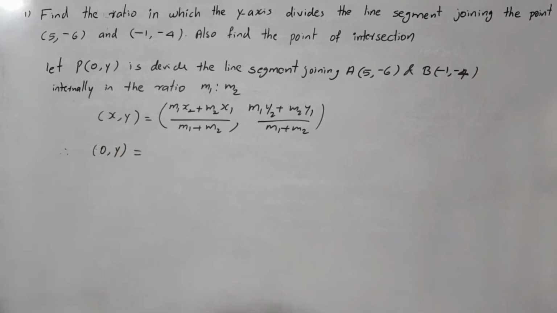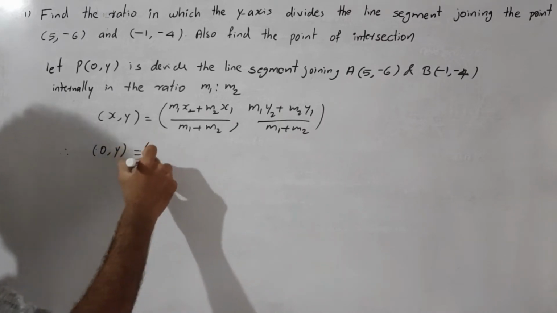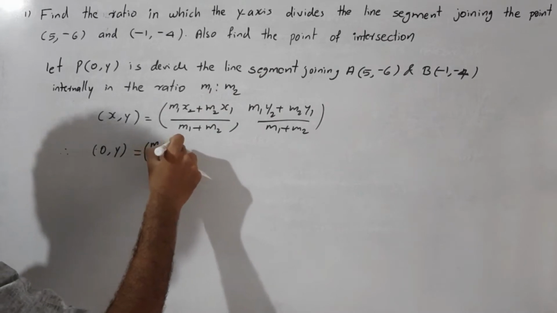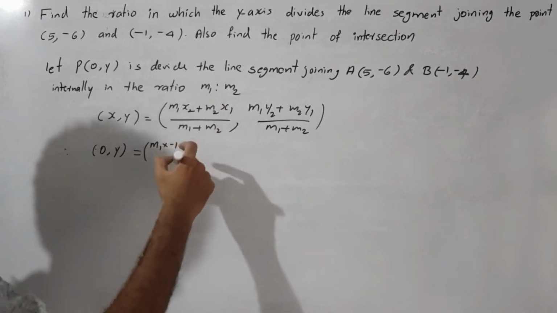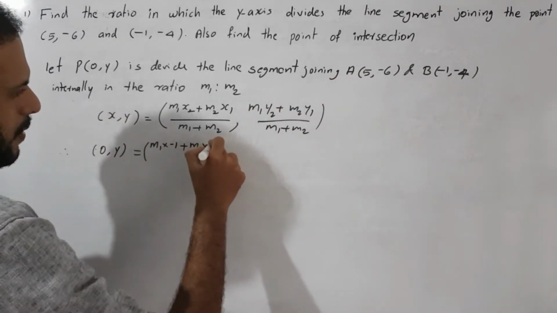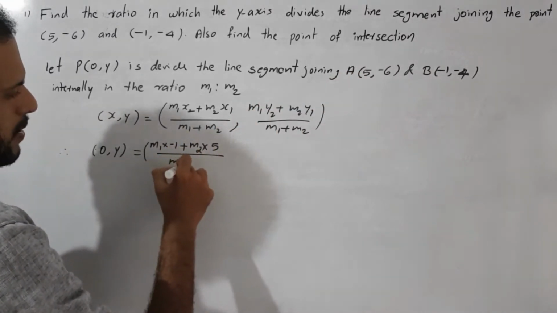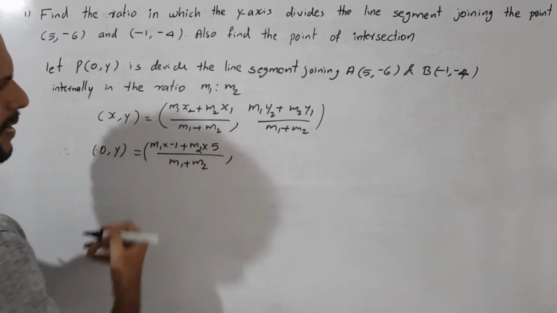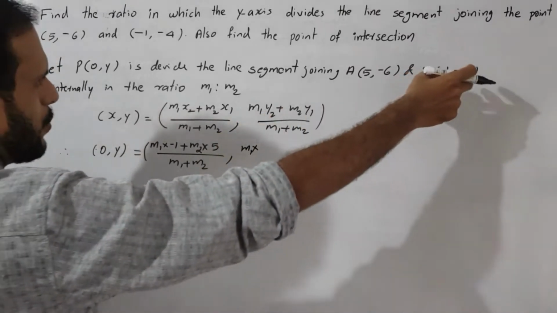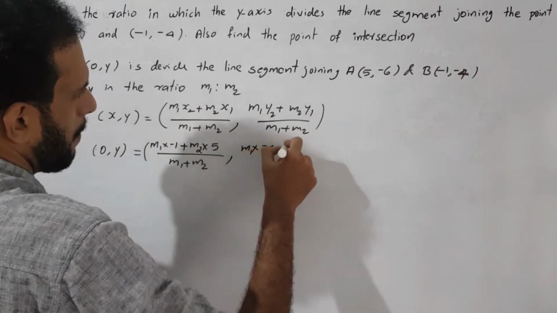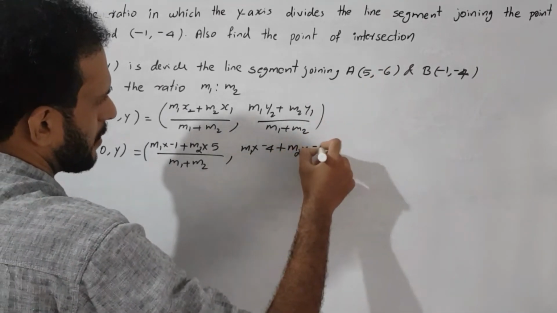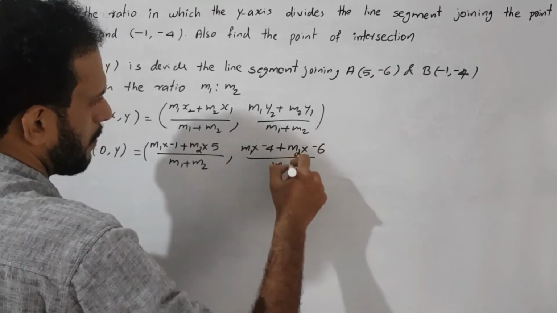So (0, y) is equal to, we don't know the value of m1, then m1 into x2. What is x2? Minus 1, plus m2, we don't know, then m2 into x1. x1 is 5, by m1 plus m2. Then m1 into, what is y2? y2 is -4, plus m2 into, what is y1? y1 is -6, by m1 plus m2.